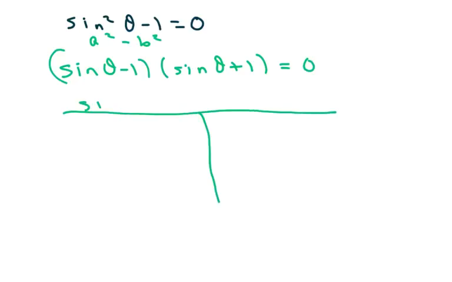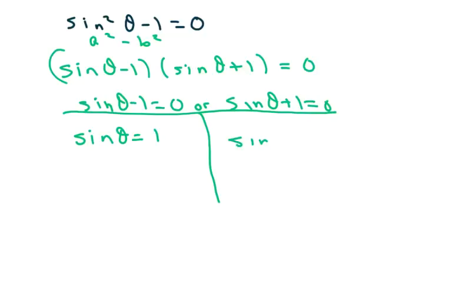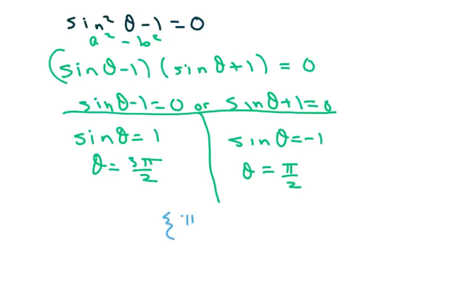I have sine of theta minus 1 equals 0, or sine of theta plus 1 equals 0. So we have sine of theta equals 1, and sine of theta equals negative 1. Well, in this case, my angle would be pi over 2, and in this case, my angle would be 3 pi over 2. So my solution set is pi over 2 and 3 pi over 2.